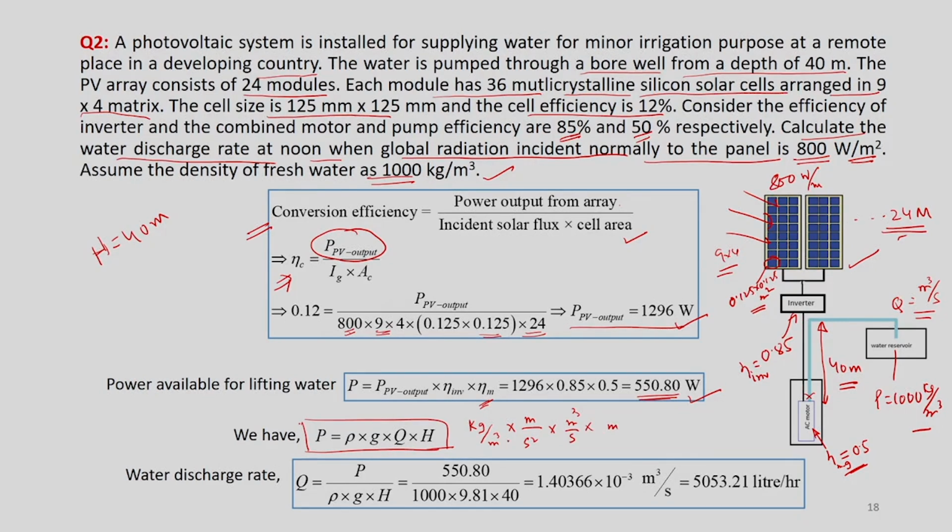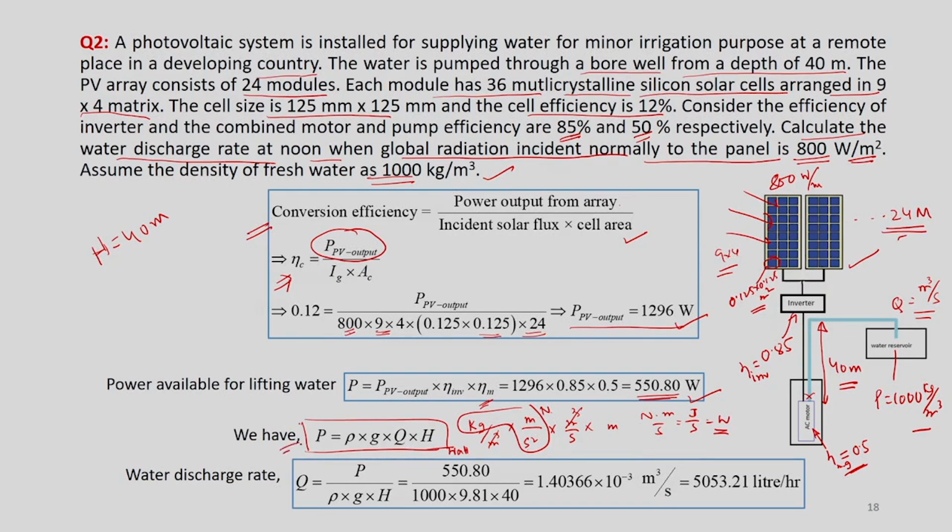The cubic meter cancels, and kg meter per second square is Newton. Then Newton meter is joule, and joule per second is watt. So, this will be in watt.